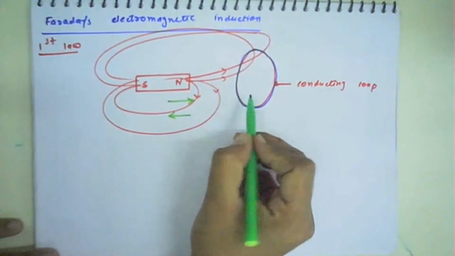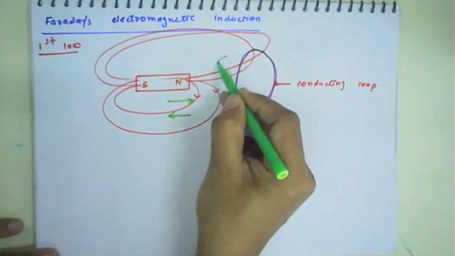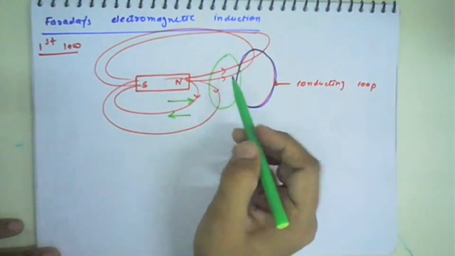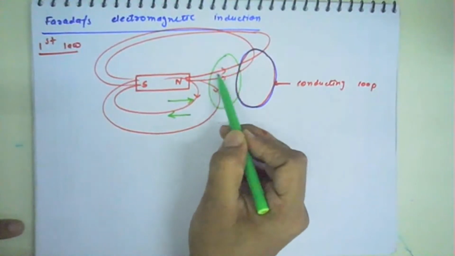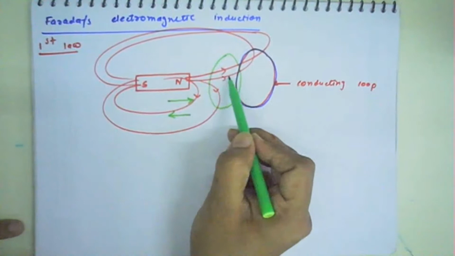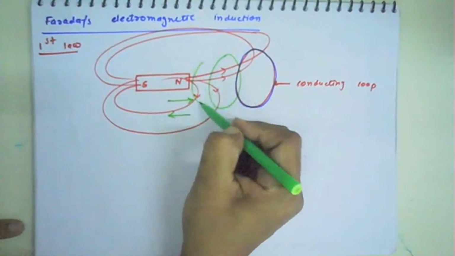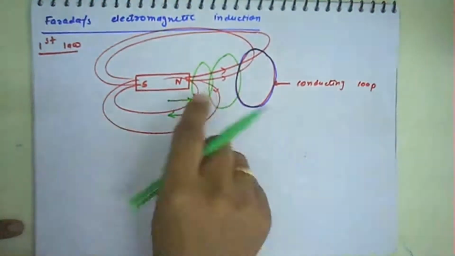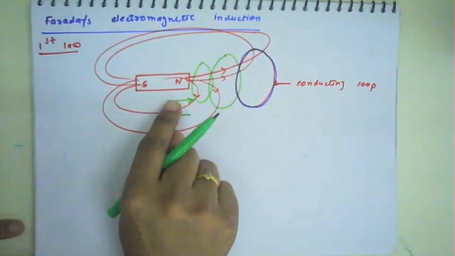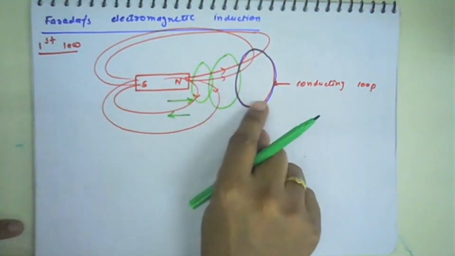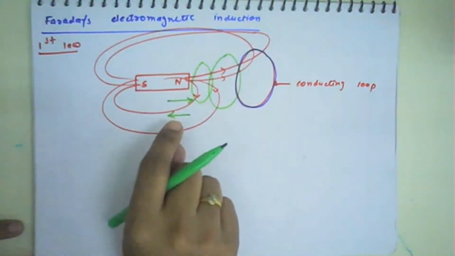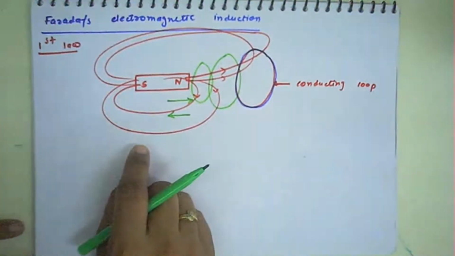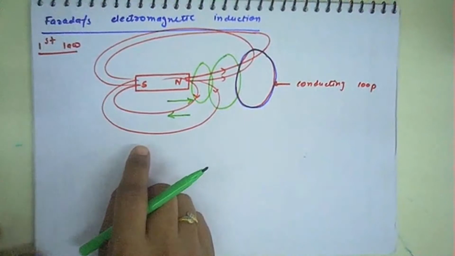If in the first case the loop is here, and in the second case I keep this loop here, the number of field lines passing through this closed loop is different. So whether we move the magnet or the loop, the magnetic field line passing through this closed path is varying, and because of this variation we have the induced EMF.